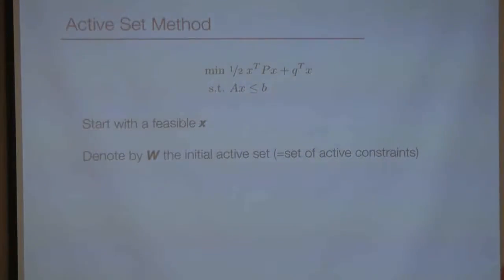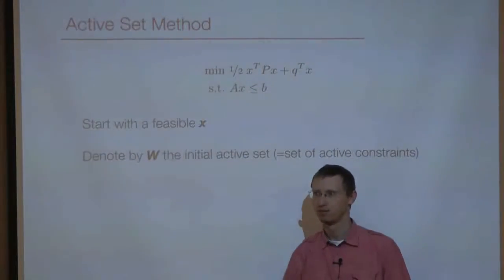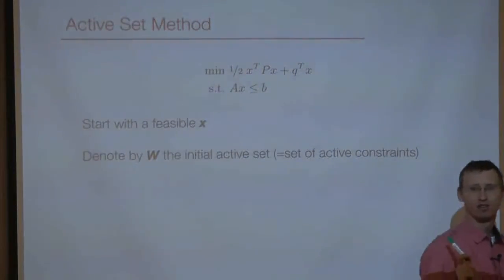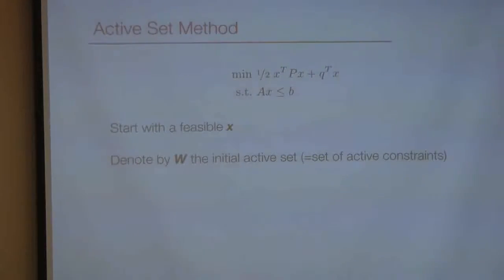Since the procedure will be based on the feasible start Newton method, we are assuming that we have some feasible initial solution, and we will call it X. We will also call by W the set of active constraints that we need to consider. Okay? Because the whole argument of the active set method is the following one.